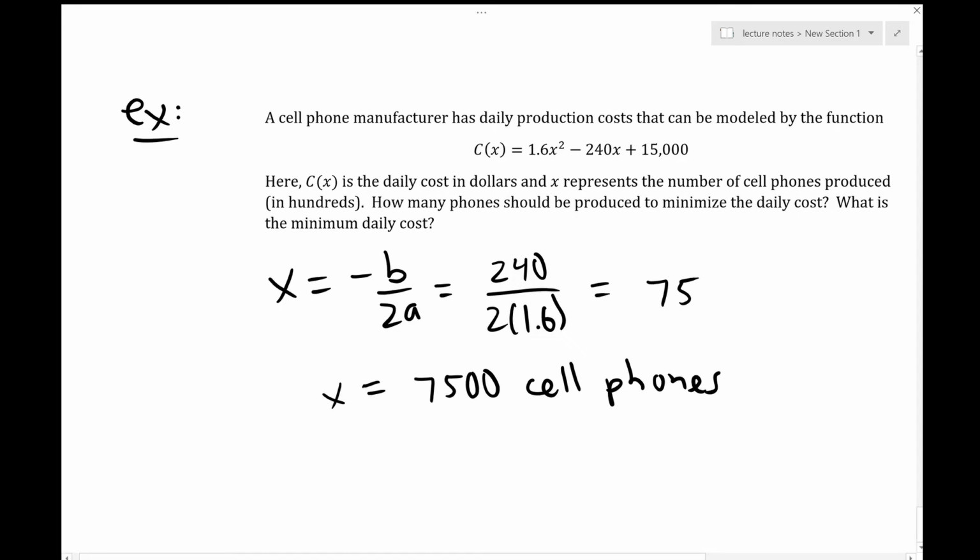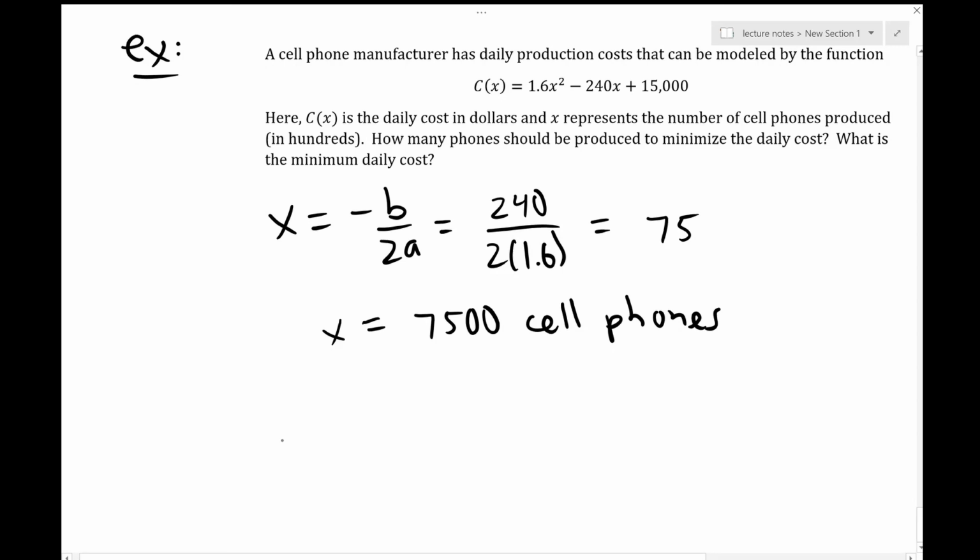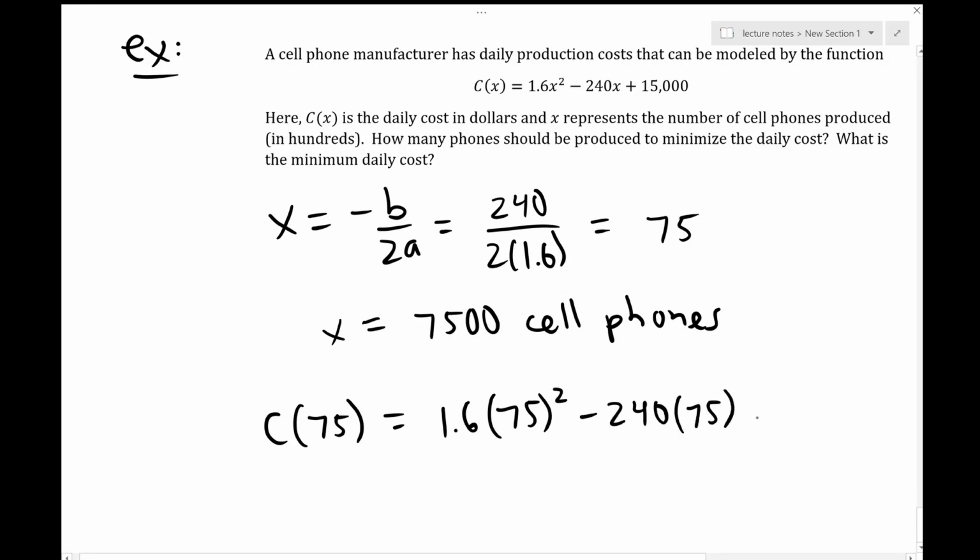However, to figure out what the actual minimum cost will be, we want to find C of 75. Even though that 75 represents 7,500 cell phones, the actual x value itself is what we need to plug back into C here. Doing so, we end up with 1.6 times 75 squared minus 240 times 75 plus 15,000.